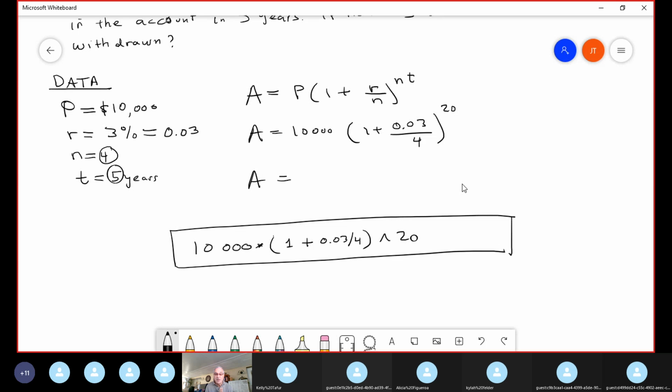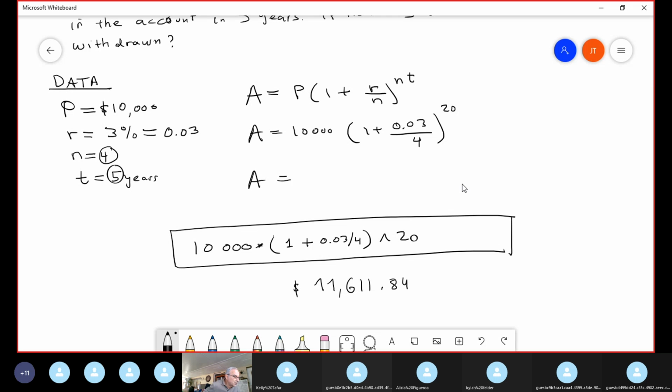You need to be aware that this is currency, it's money. Therefore, the rounding is to the nearest cent, so two decimal places. The answer is $11,611.84.